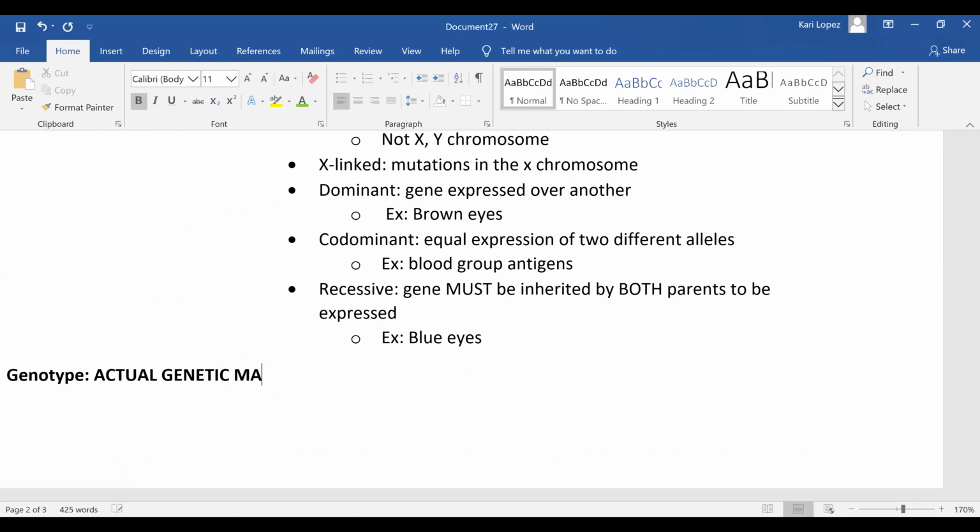Specifically recessive. Up there where we put the definition for recessive, you put genes must be inherited by both. Yes. But it doesn't have to do with getting one from mom and one from dad. You have to get the same one from mom and the same one from dad.